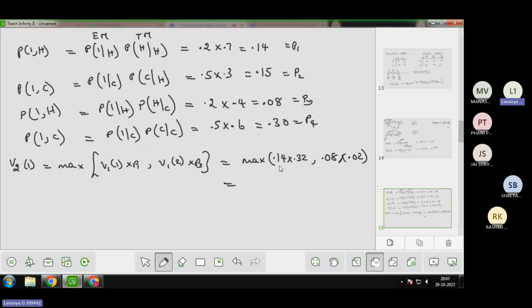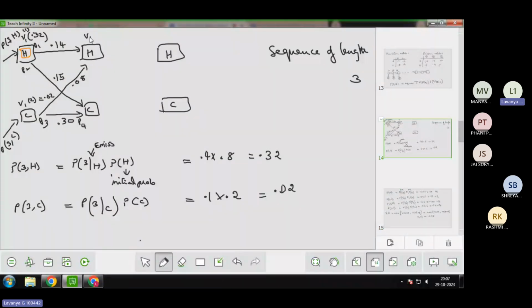Obviously, it will be the first value. The first value is 0.048. So our V2 of 1 is 0.048. Next, we have to find V2 of 2.